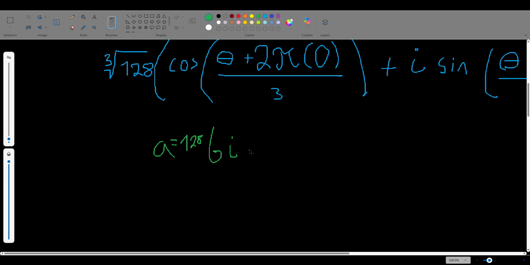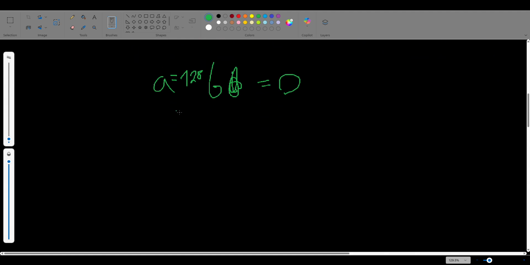Because we don't have it, we don't just magically ignore it. We say b is equal to 0. We need to have two conditions for our theta. Basically, we use this formula: the cosine of theta is equal to a divided by our modulus r, which is 128 also.